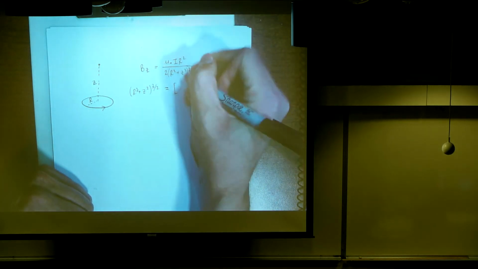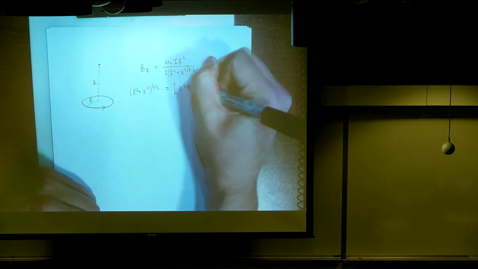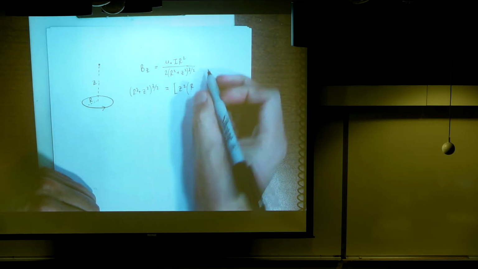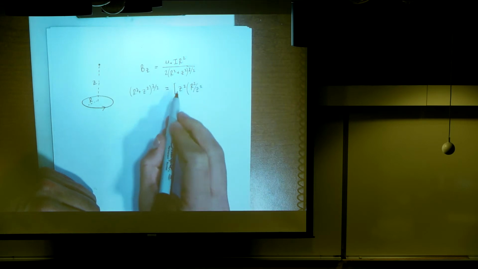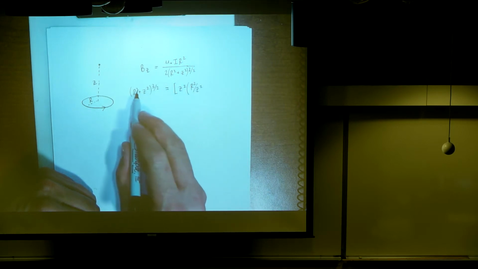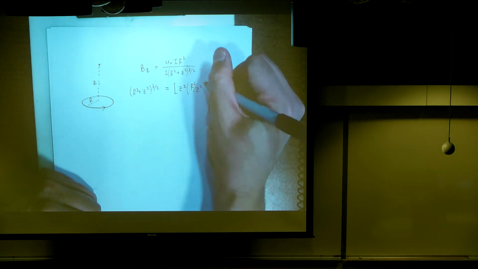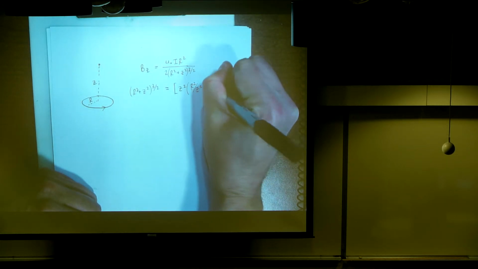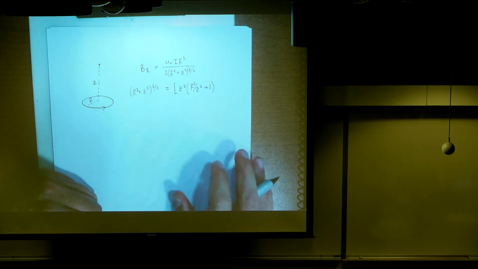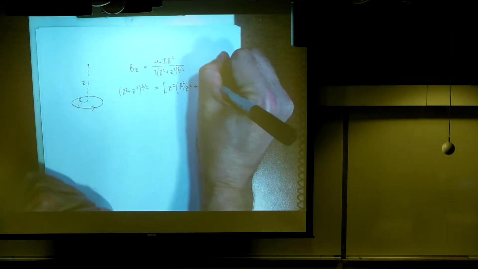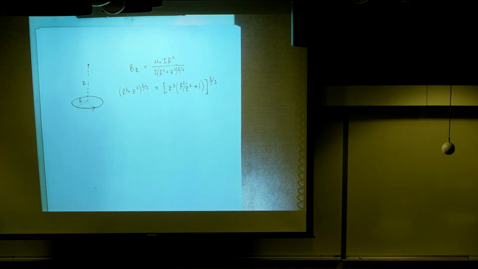So what we have is now z squared, and then the first term is r squared divided by z squared. You see how if you distribute the z squared into that, you just get r squared back, and then plus 1, because z squared times 1 gives z squared back. If we take all of that to the 3/2 power, we'll have an expanded version of what we started with.